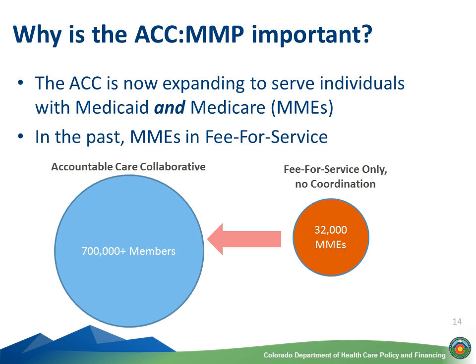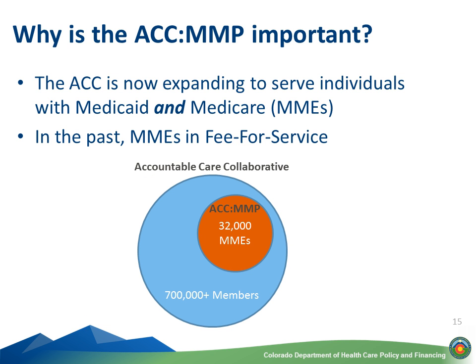So with this new program, we're taking those 32,000 individuals, keeping their benefits the same, allowing them to keep the same doctors, but we're enrolling them into the Accountable Care Collaborative. And so they have access to all of these added benefits through the RCCO: care coordination, medical management, connection to a primary care medical provider, and all of that. So in 2 or 3 slides there, you can see that's essentially the makeup of the program.